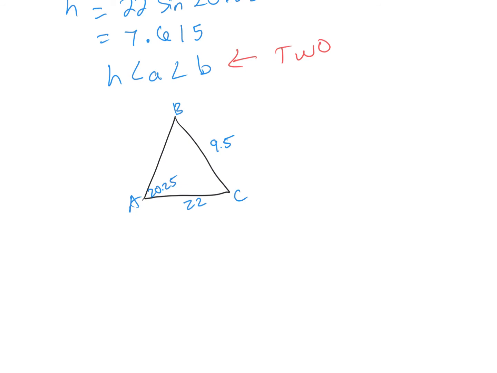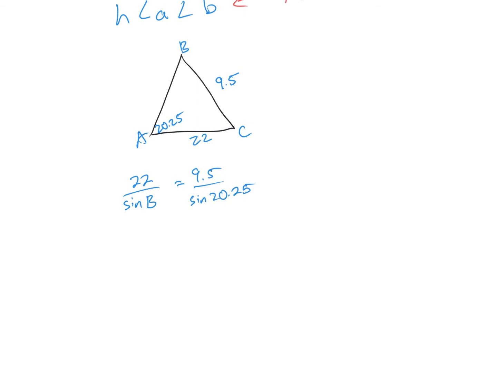I can find out what angle B is then using my sine theory. So here, I know that 22 over sine of B must equal 9.5 over sine of 20.25. That gives me sine of B should equal 22 times sine of 20.25 divided by 9.5.